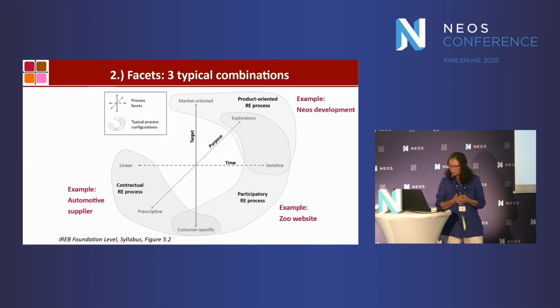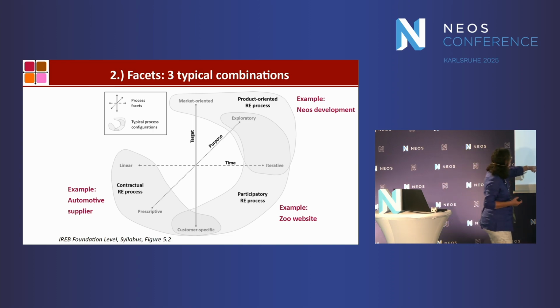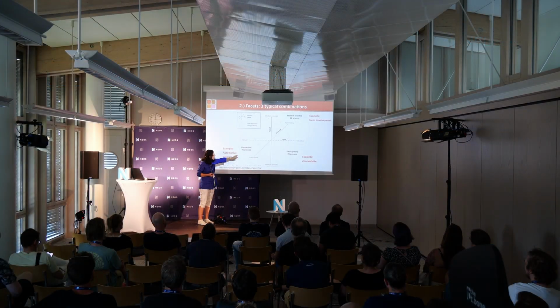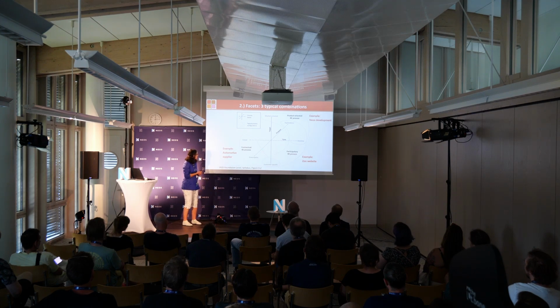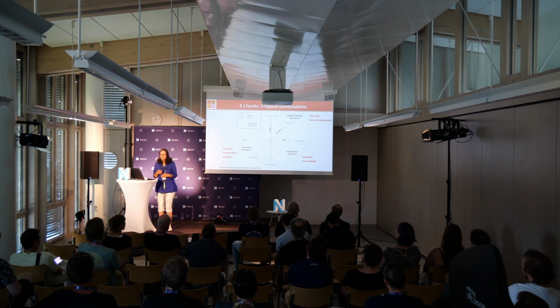You see here on the left side, that's usually very heavyweight. You have a contractual requirements engineering process where you have prescriptive requirements, a linear process, and everything is customer specific. For example, in automotive, you get specification and that's it.